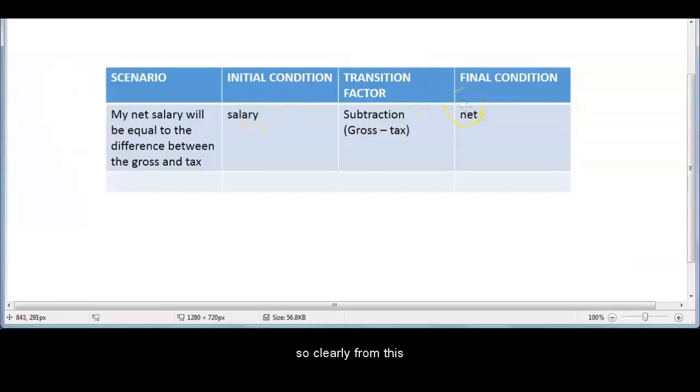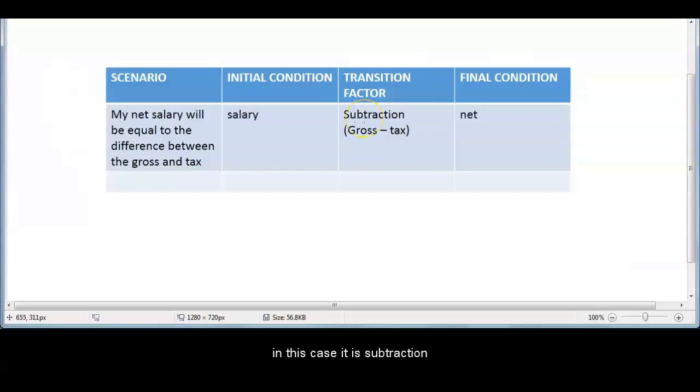So clearly from this sentence, the initial condition is about salary. The final condition is also about salary. My net salary will be equal to the difference between the gross and tax. Now something will happen to the subject of the first sentence to change this condition of the subject to the final condition.